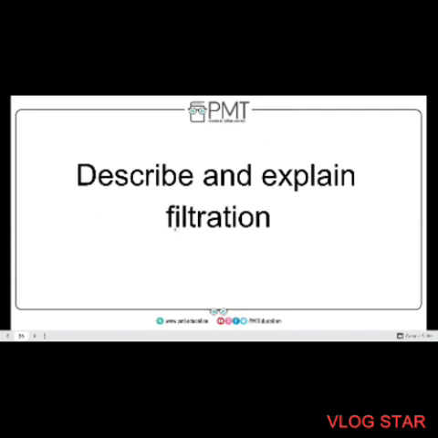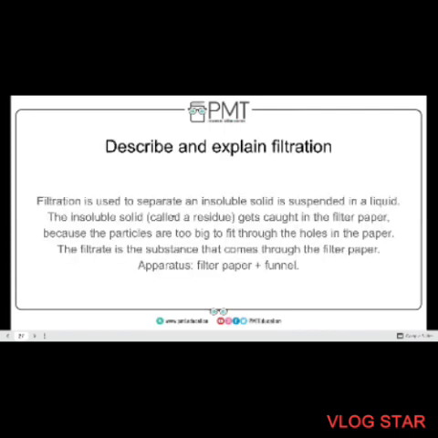Now describe and explain filtration. In filtration, we have the apparatus called the filter paper and the funnel. Filtration involves the separation of an insoluble solid from a liquid. For example, groundnut and water: you can use filtration to separate them, or any solid that cannot dissolve in water.